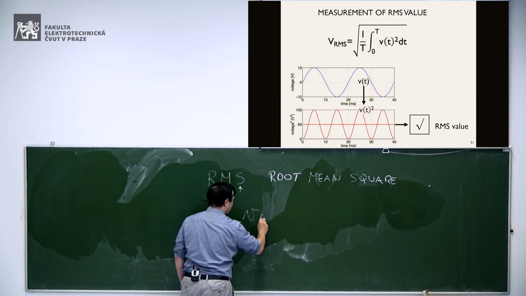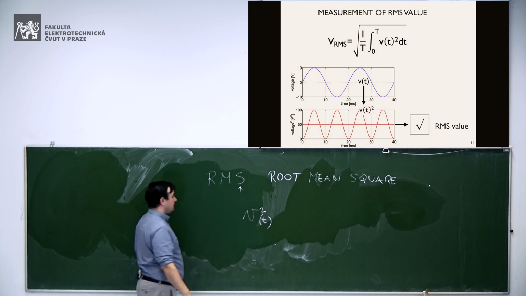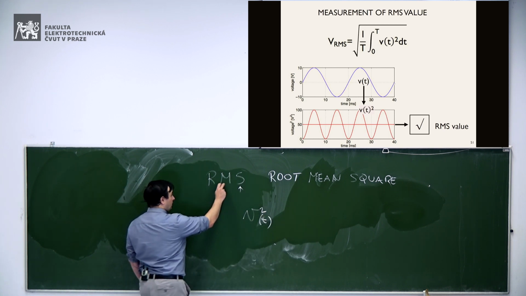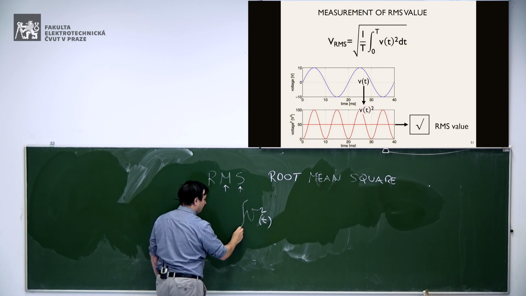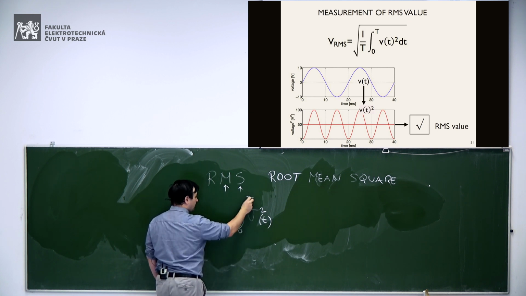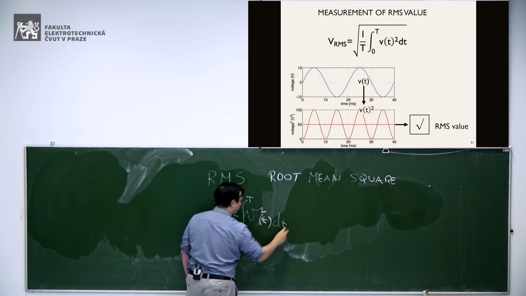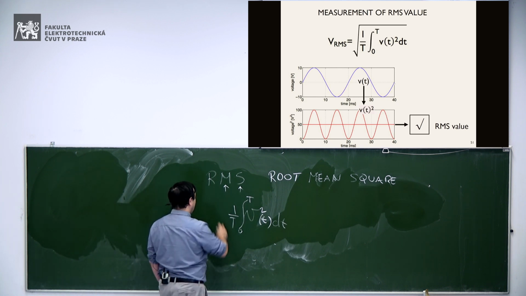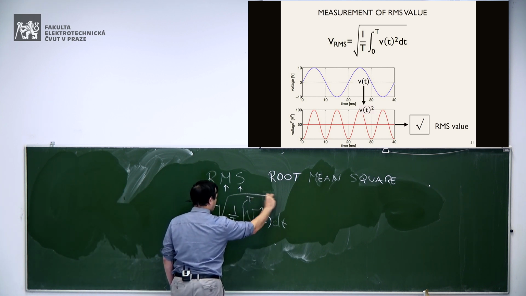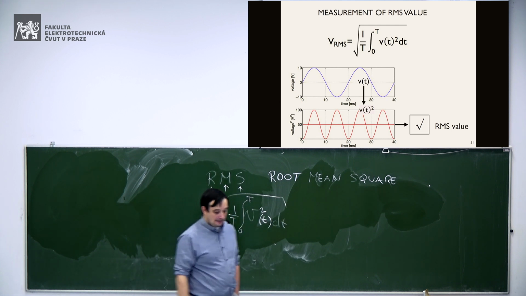So you take the voltage in time, and you square it. Then you apply the mean. It means that you integrate it over a period from 0 to T, and you divide by the period. So this is the mean of the square. And then you apply the square root, okay?